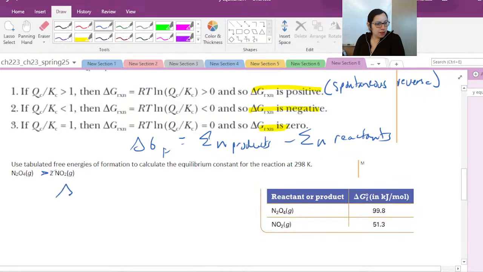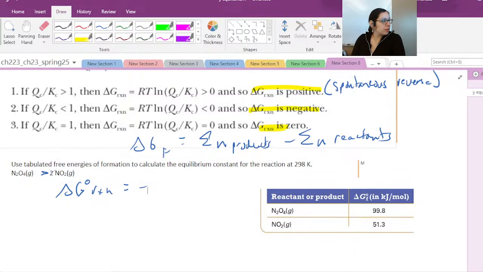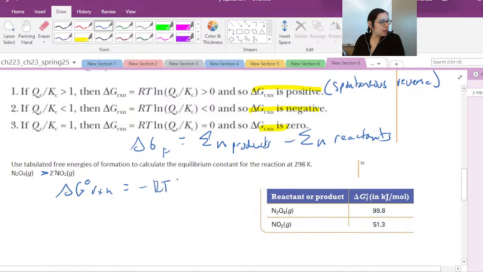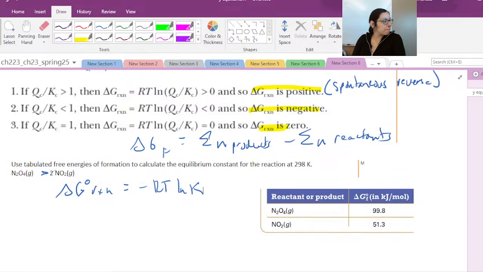So try that. It just wants you to practice that, and then you can plug it in to our formula, negative delta G equals RT ln K. So just try that for a second.